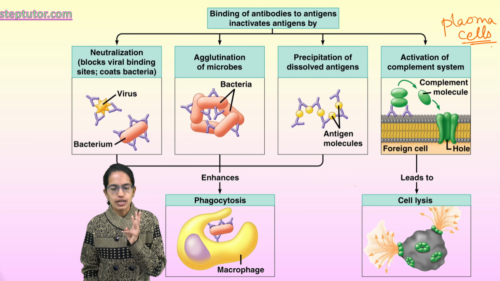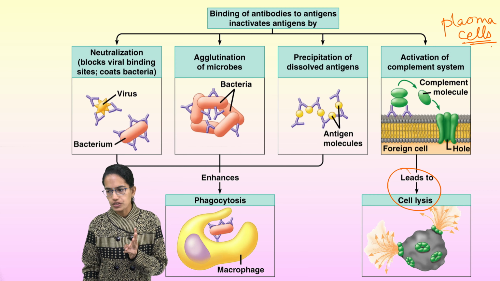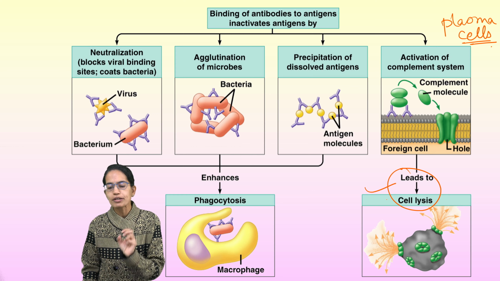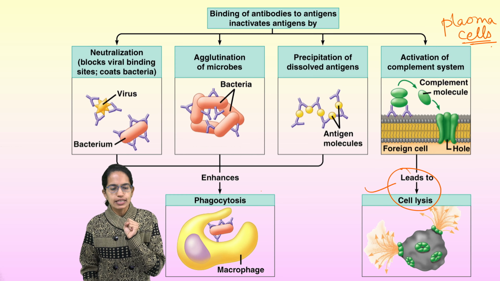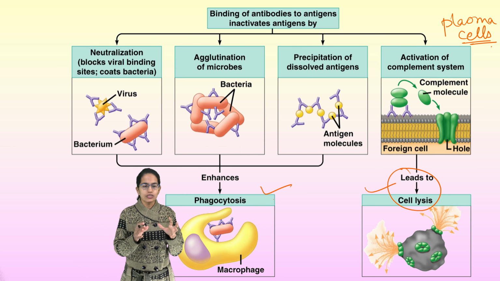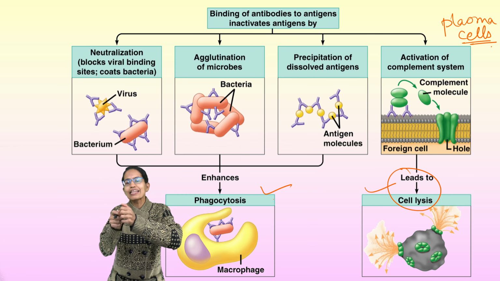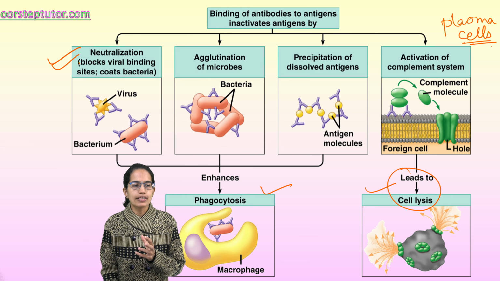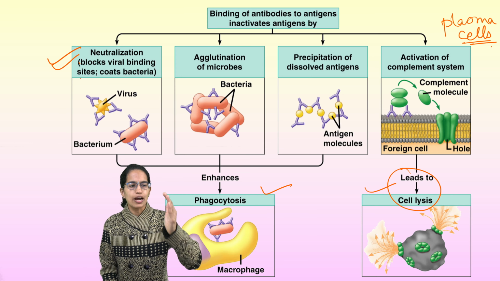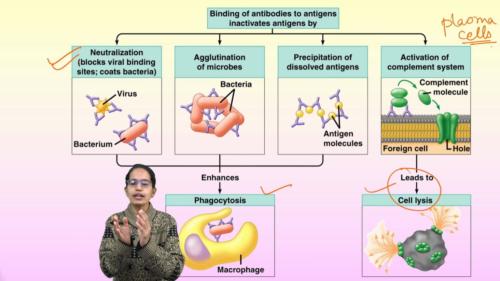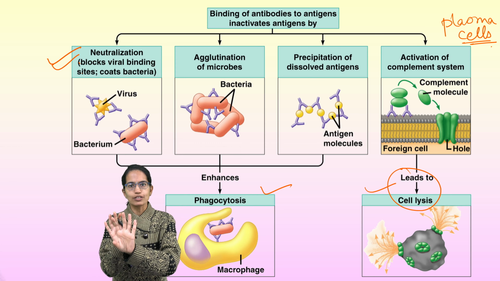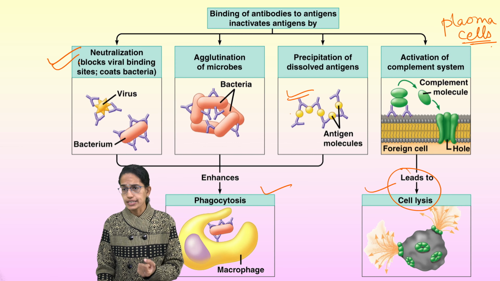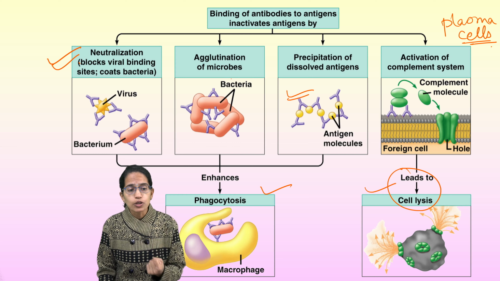The binding could occur in three ways. One is the lysis of the cell, where the foreign body that enters is destroyed. This is called cell lysis. The next is phagocytosis, where the foreign body is engulfed within the cell. Then there could be neutralization, where the viral binding sites and bacterial coats are neutralized, a precipitation of the antigen, or agglutination.